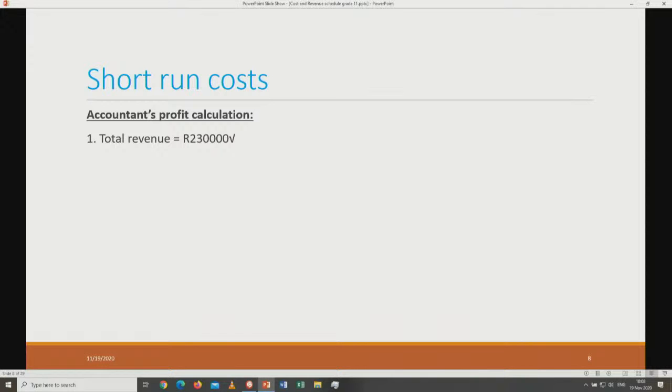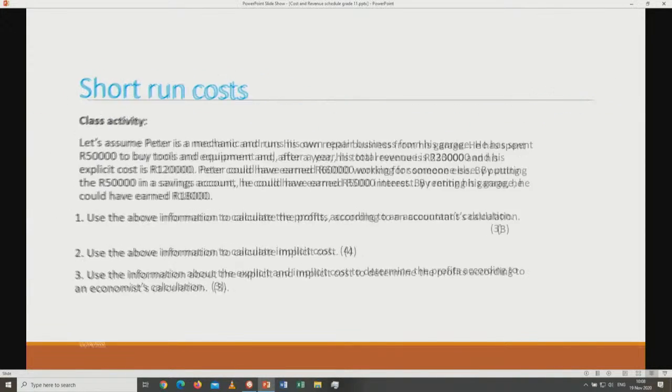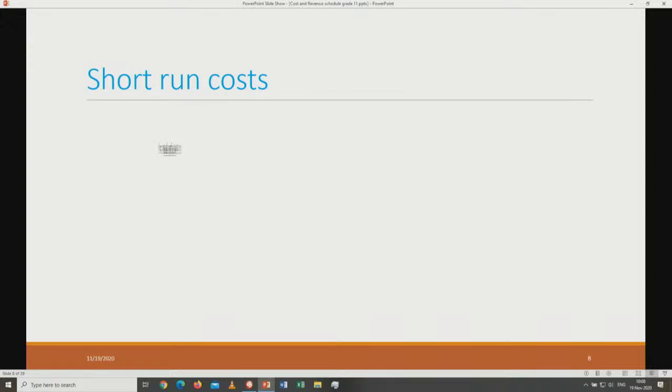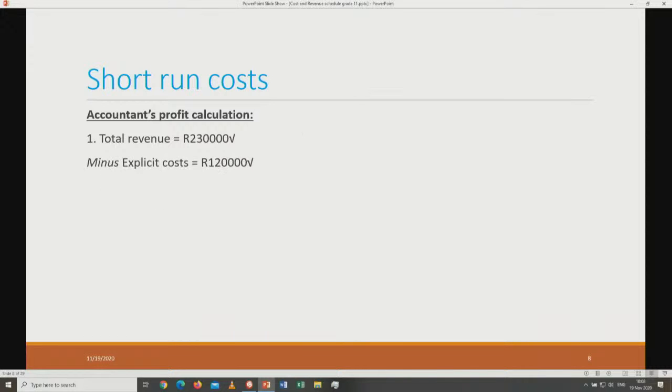What is the total revenue? It's given as 230,000. Let's go back again and just verify. Can you see that? The total revenue is given as 230,000. There it is. So now we need explicit cost. Our explicit cost is 120,000.